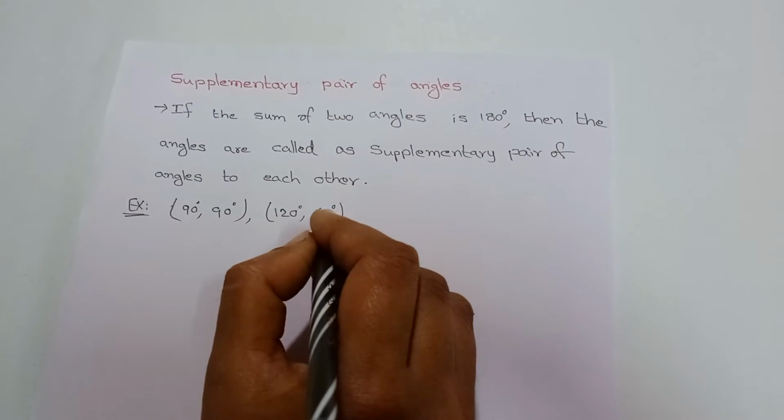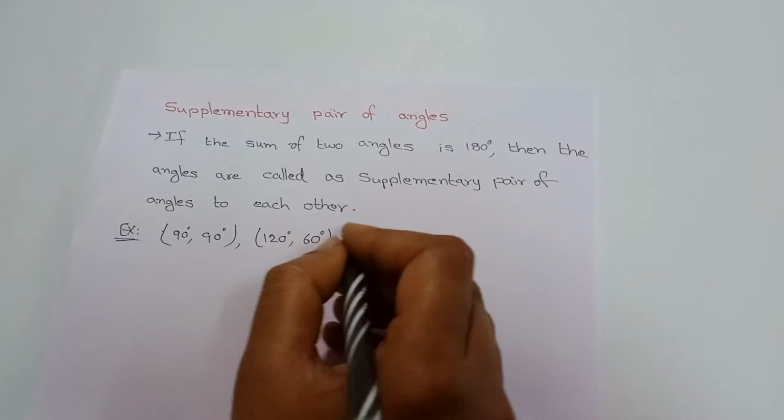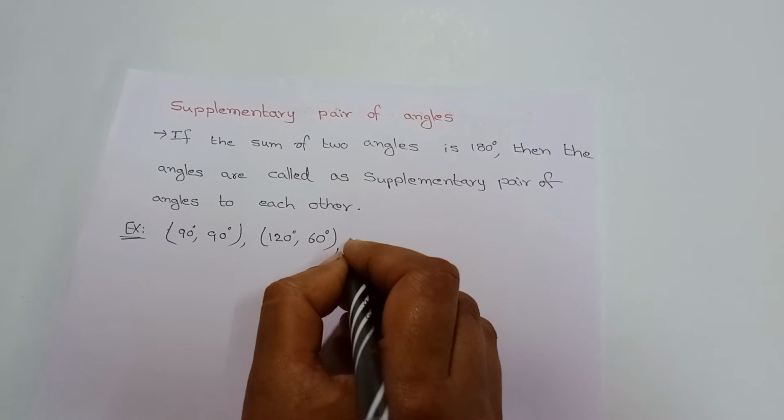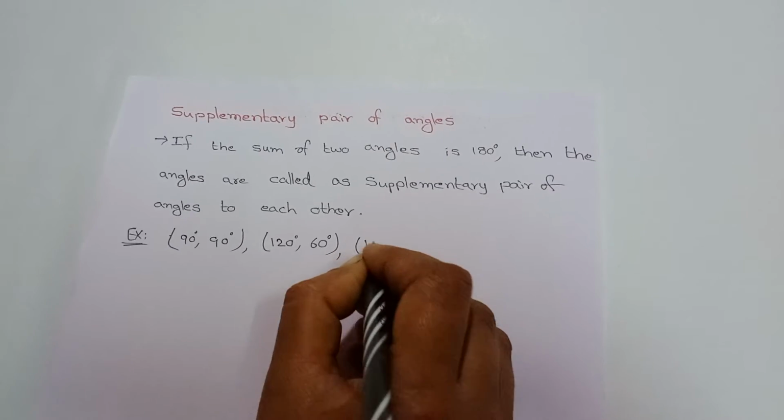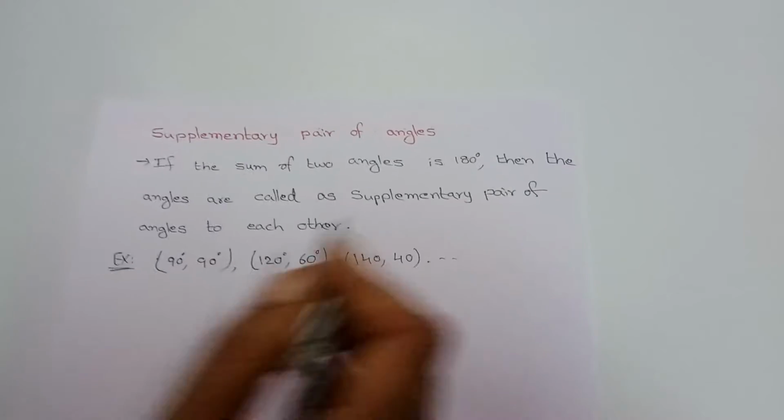Sum is 180. That's why 120 and 60 are supplementary pair of angles. Next, 140, 40 and so on.